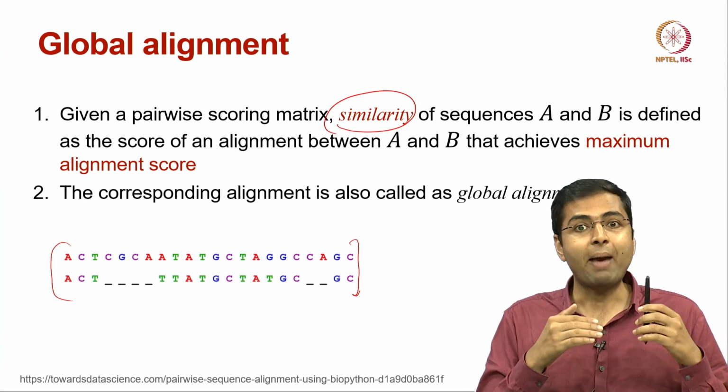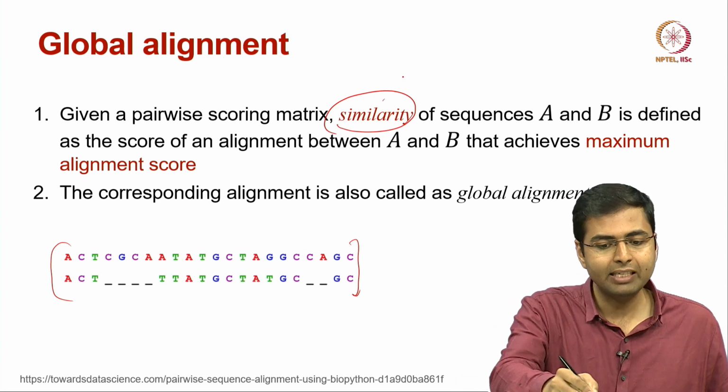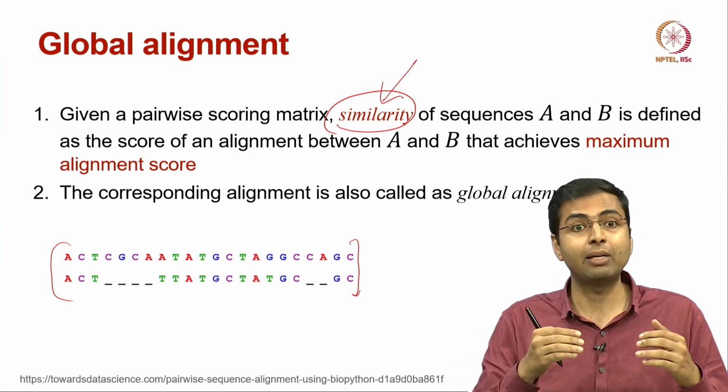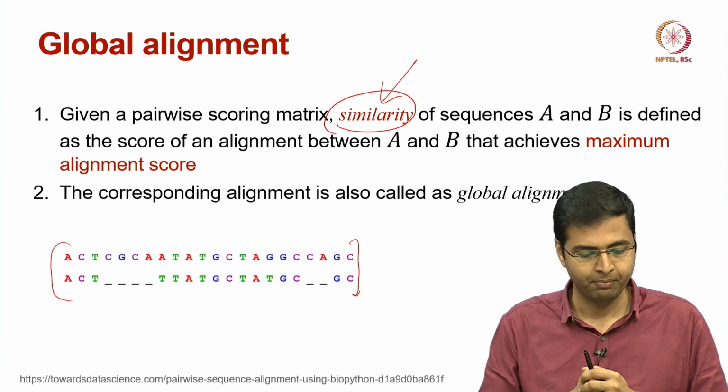Now, we are maximizing the alignment score. So, accordingly, similarity is defined based on the maximum possible alignment score achievable between these two sequences.